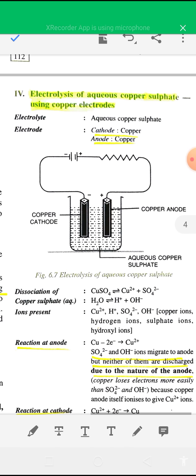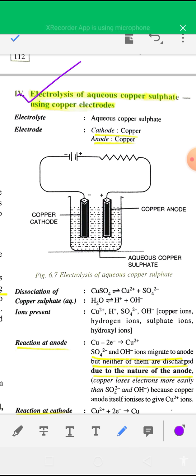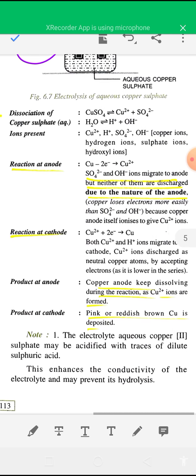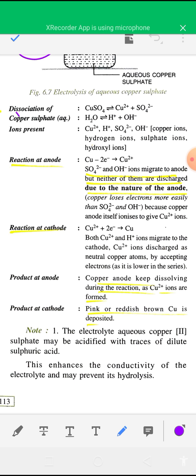Now see electrolysis of copper sulfate using copper electrodes. Both cathode and anode are made of copper. Okay, the electrolyte is the same, aqueous copper sulfate solution. Copper sulfate will dissociate into Cu2+ and SO4 2- ion, and water will ionize to form H+ and OH- ion.